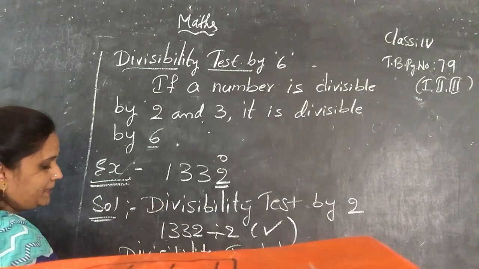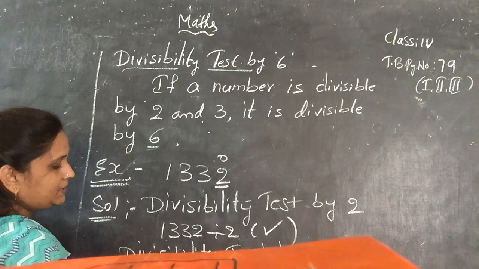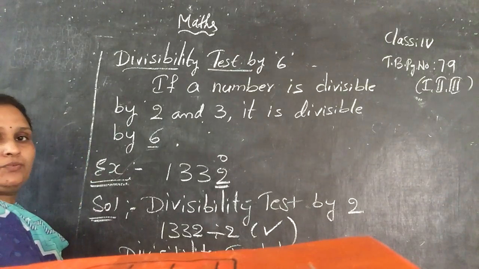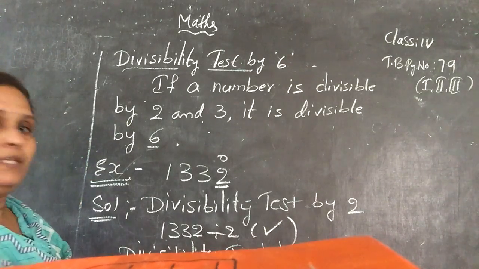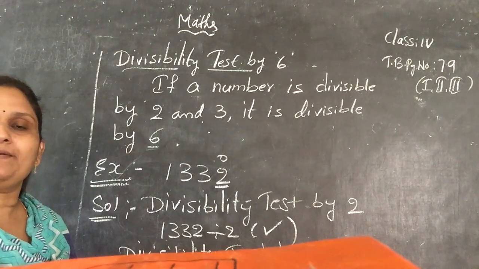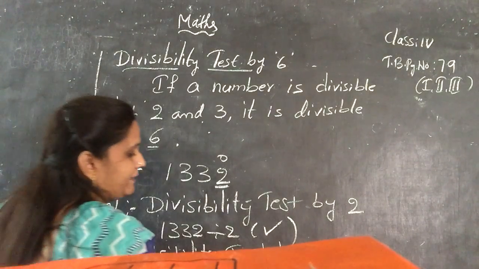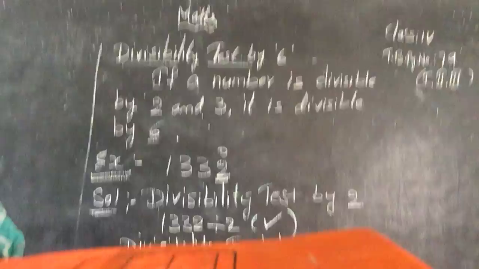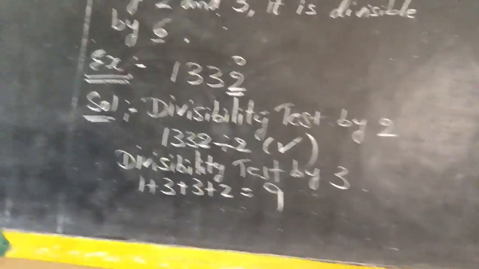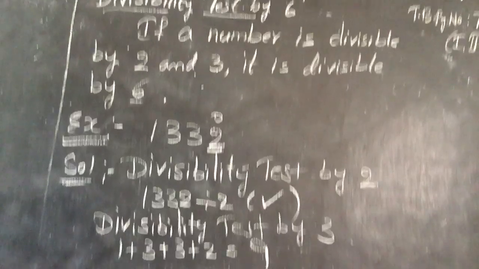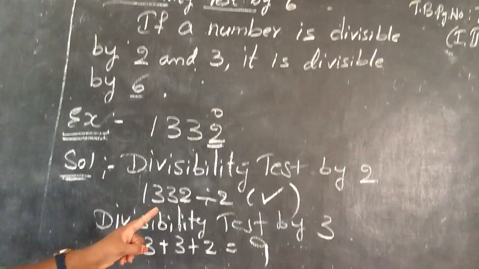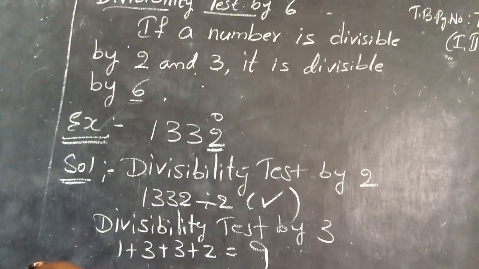It means 1 plus 3 plus 3 plus 2. 1 plus 3 is 4, 4 plus 3 is 7, 7 plus 2 is 9. After doing the total, we are getting 9, and 9 can be divided in the 3 table, isn't it?